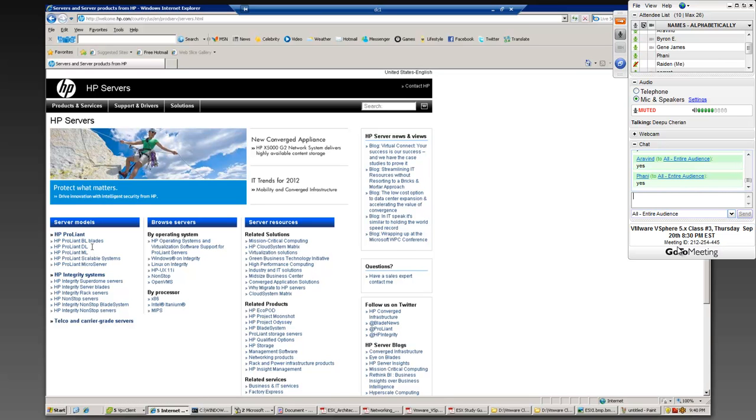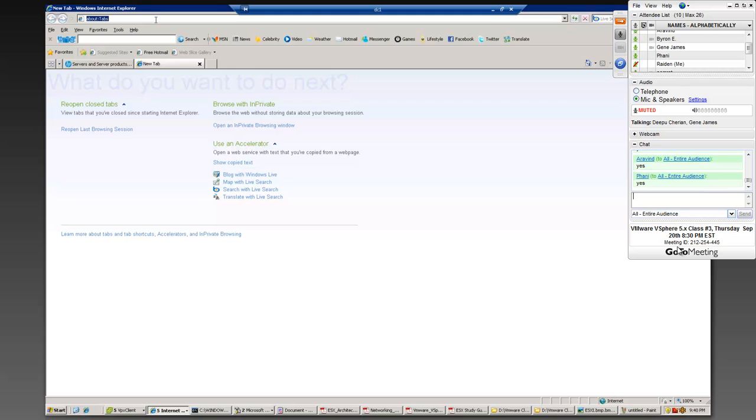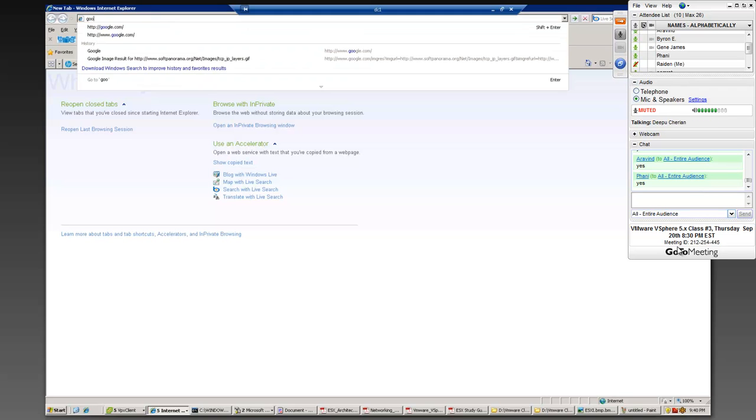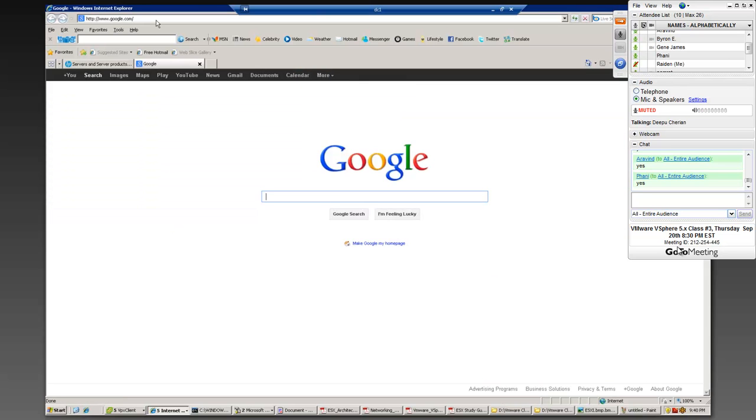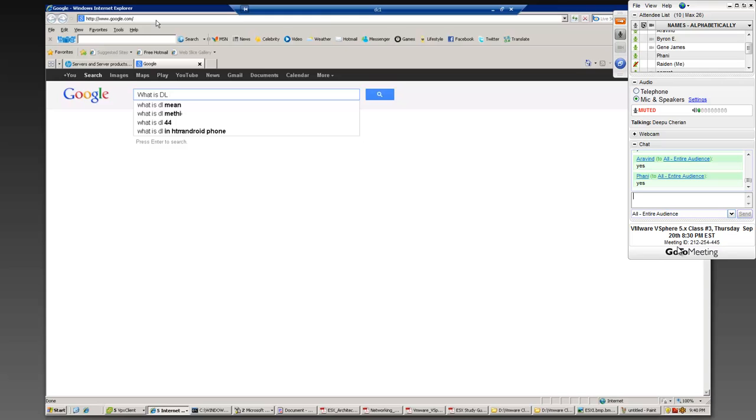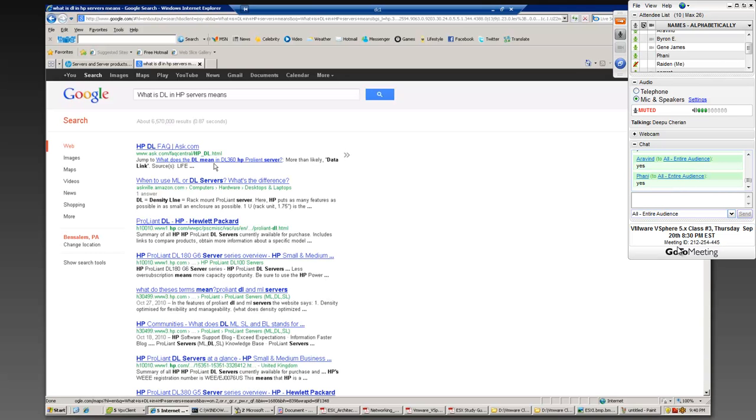DL servers are, oh, I forgot that name again. Every last class I also asked my students to Google for it. DL means rack servers? Yeah, they're all rack servers. It's actually something else; I forgot that.